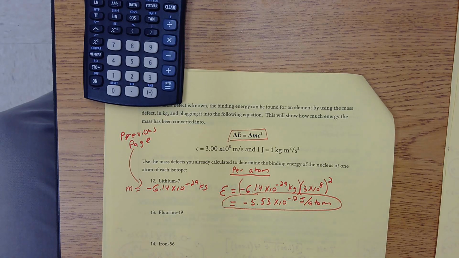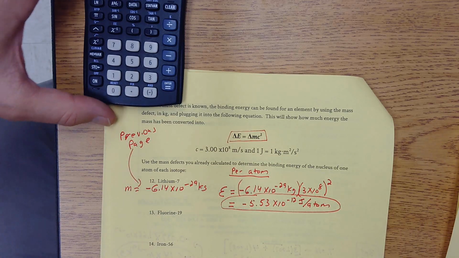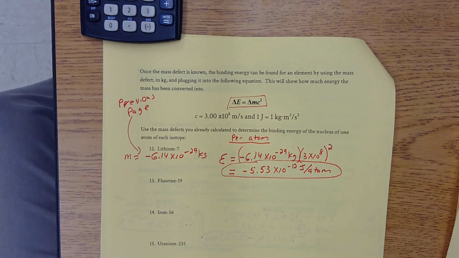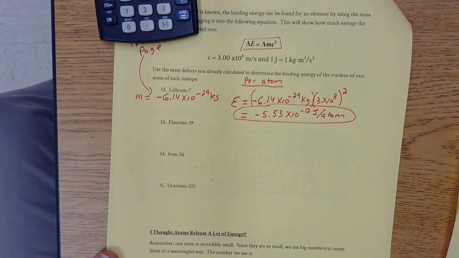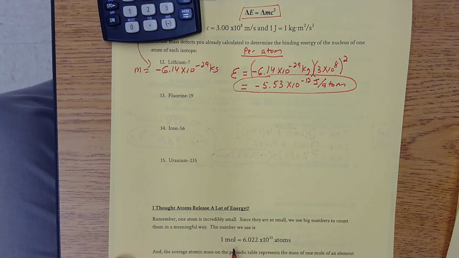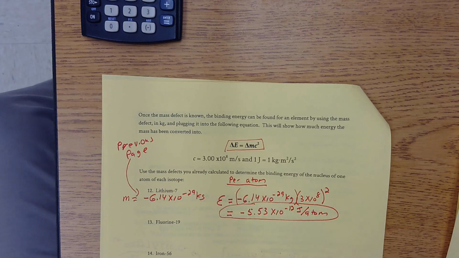One more step here, and I know this is a lot of math. Now we're going to figure out not per atom, but how much is released per mole. If you look at the bottom, we're going to figure it out per mole.